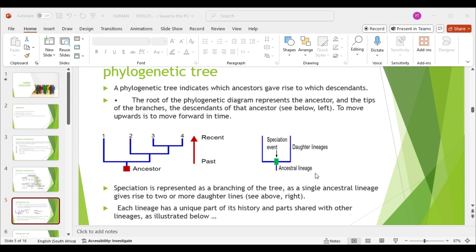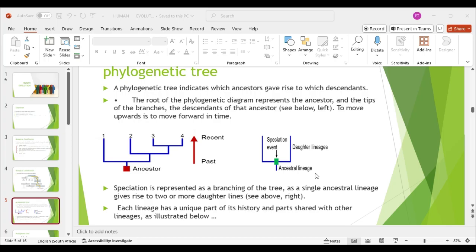What we saw on the previous slide was a phylogenetic tree. Now we're going to understand what a phylogenetic tree is and also how to interpret it. A phylogenetic tree indicates which ancestors gave rise to which descendants.